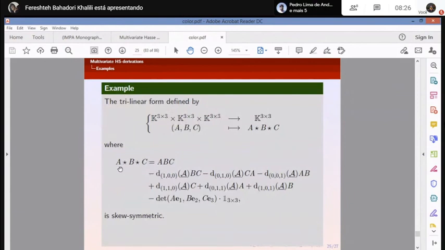So if we compute all the permutations and consider the signs, what we get is just the traces. And the theorem says that this is totally skew-symmetric.